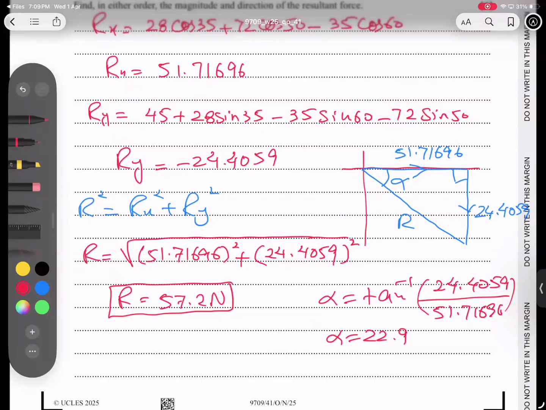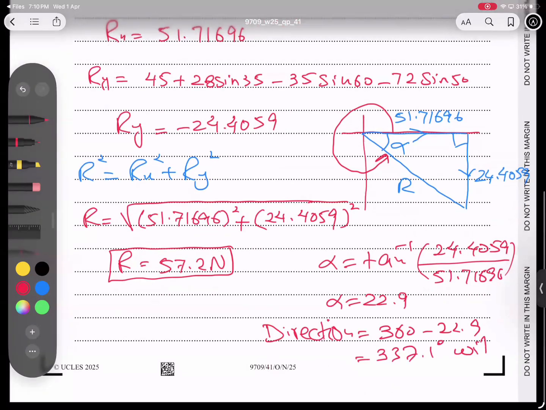I can say here it is below the axis, so the direction is 360 minus 22.9, which gives 337.1 degrees with the positive x-axis.